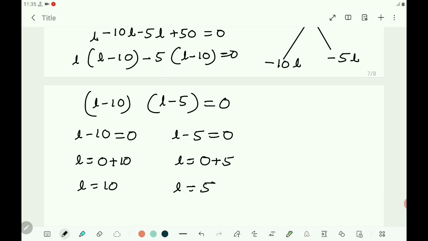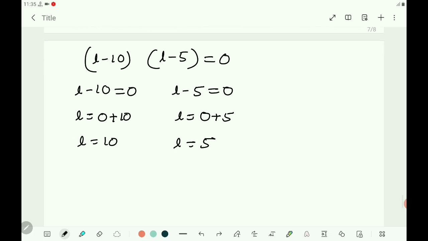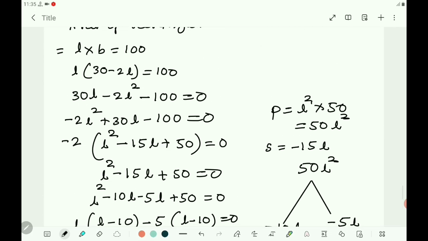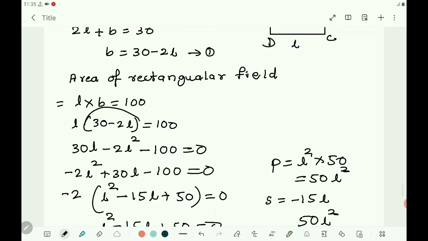Then here you can take L equals 10. Then B becomes, B is equal to what? Here you have taken B is equal to 30 minus 2L.